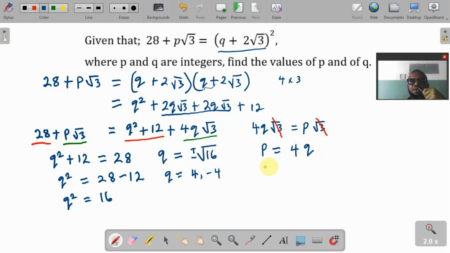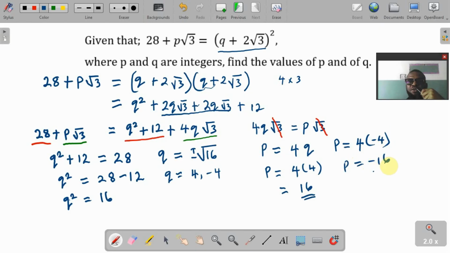Now when Q equals 4, my P will now be 4 times 4, which is 16. And when my Q equals minus 4, my P will now be 4 into minus 4, so my P will now be minus 16.